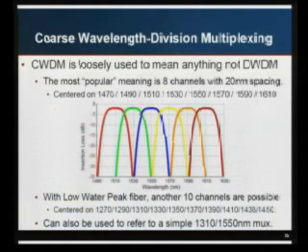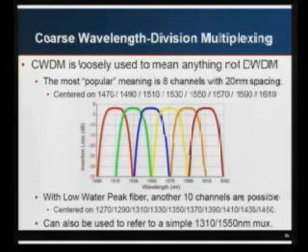So CWDM, or coarse wavelength division multiplexing, basically is loosely used to mean anything that's not DWDM. The most popular meaning for people is 8 channels with 20 nanometer spacing, centered on 1470, 1490, 1510. And here's a graph showing the way the filters overlap each other.